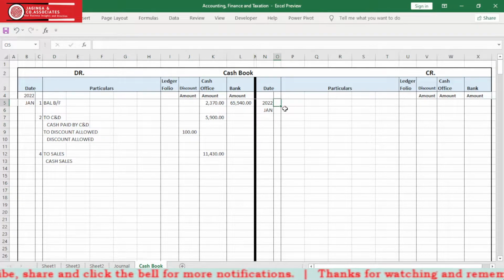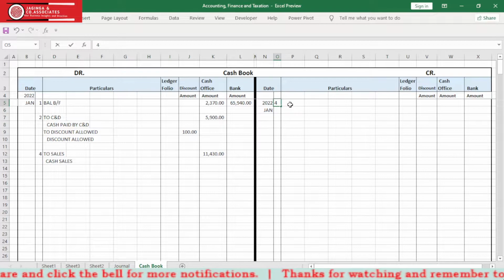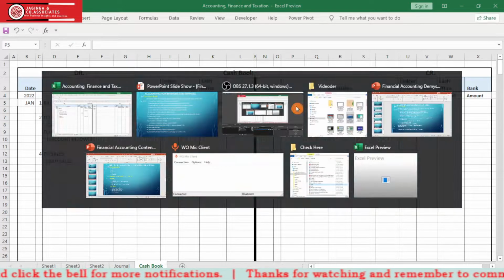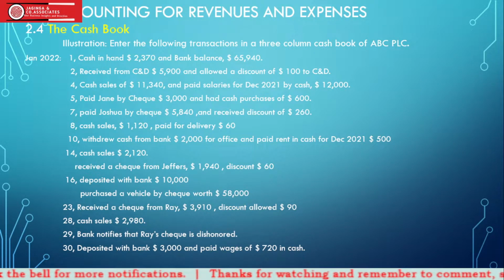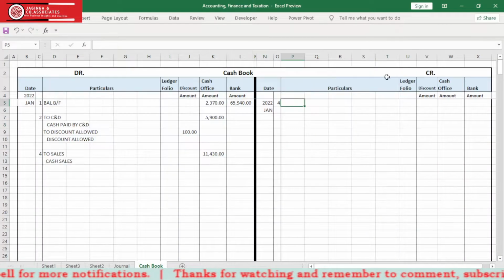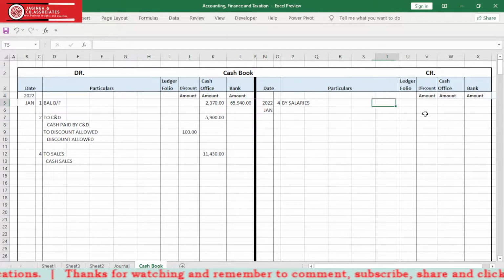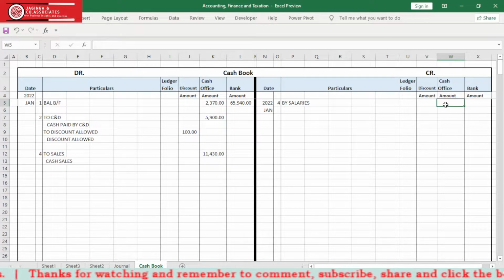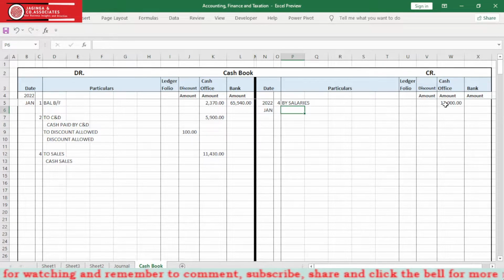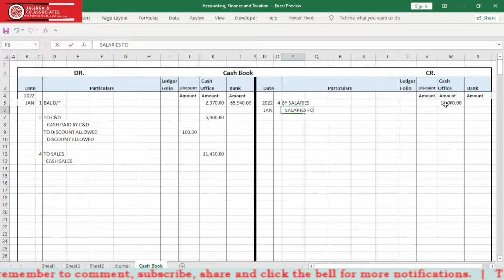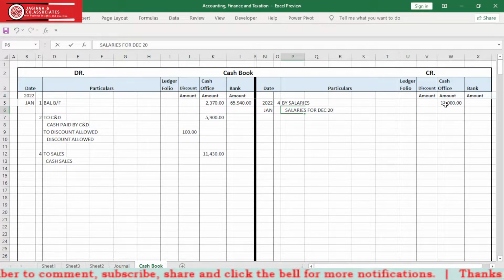And on the same 4th, we paid salaries in cash of 2,000. Then here we say salaries for December.